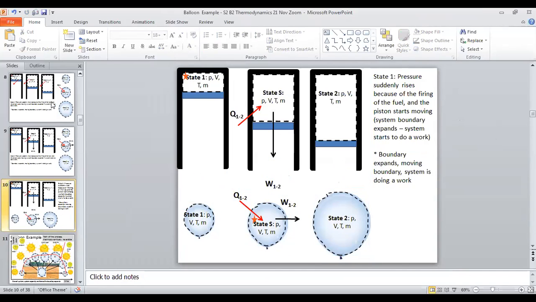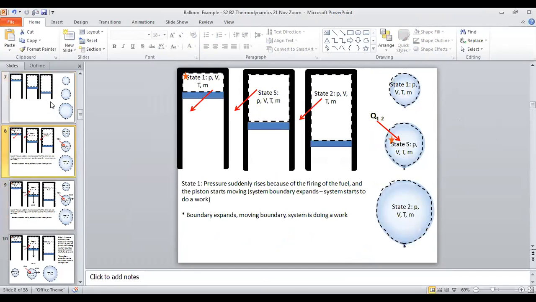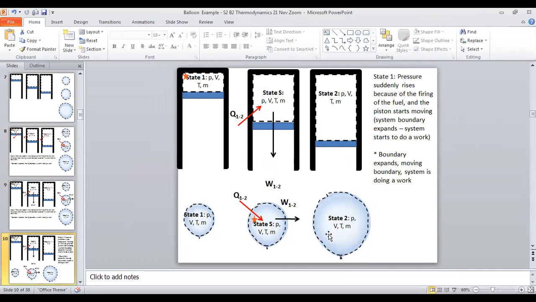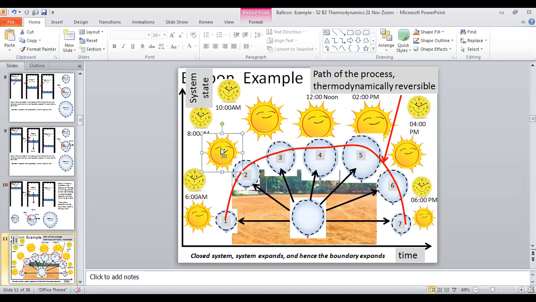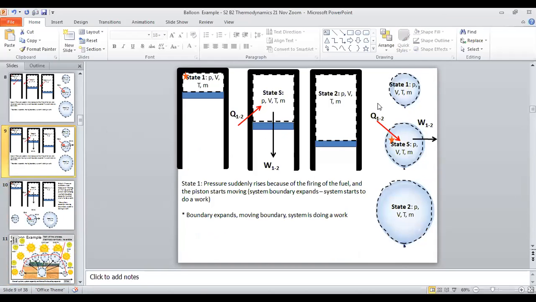So where is the sun? I had placed the sun, but I cannot see that. Sun. It's here.